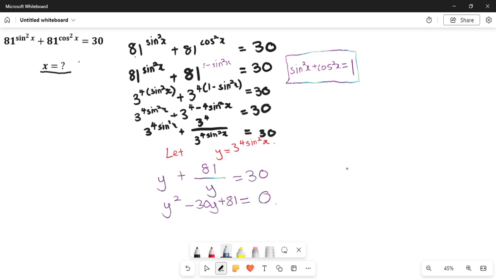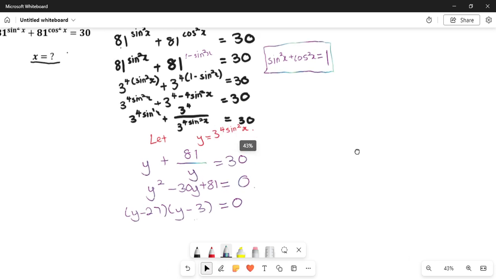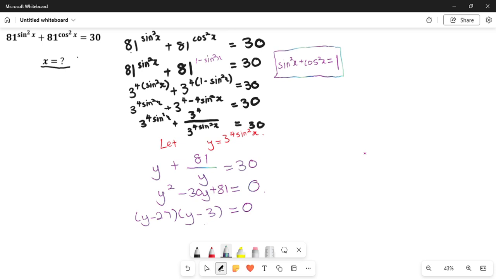Then you just factorize it. I'm kind of lazy, so I'm just going to use a calculator. You will get (y minus 27)(y minus 3) equals 0. So you will know that y has to be equal to 27 or 3.